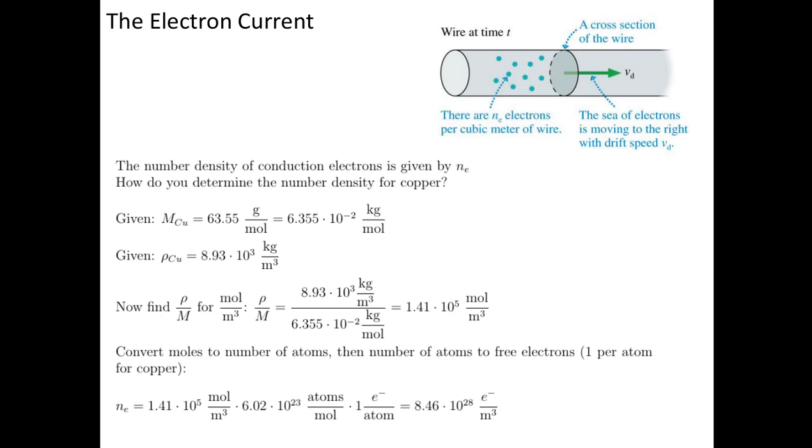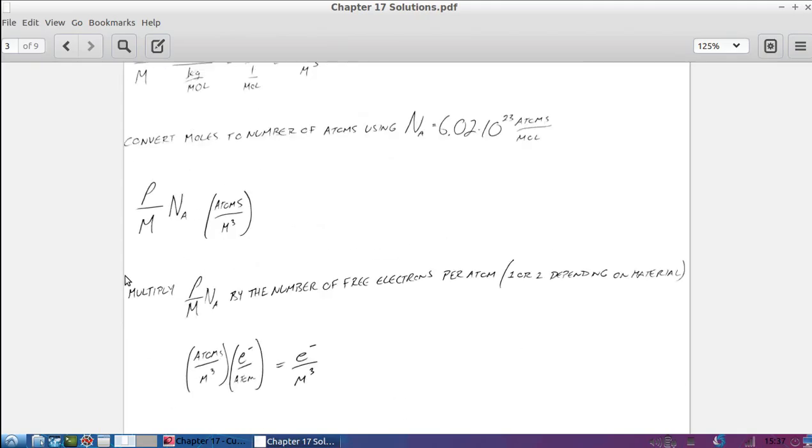Now that I have the molar density, I want to convert moles to number of atoms. So I'm going to multiply my molar density, rho over m, by Avogadro's number, which is the number of atoms per mole.